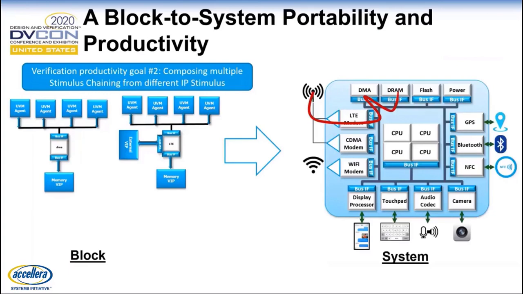So now we want to talk about composing stimulus that has been provided by different IP owners and enabling the SoC verification team to take those models that were done at the IP level and reuse them in the SoC. Now, a very powerful concept that we have in DSL is flow objects.